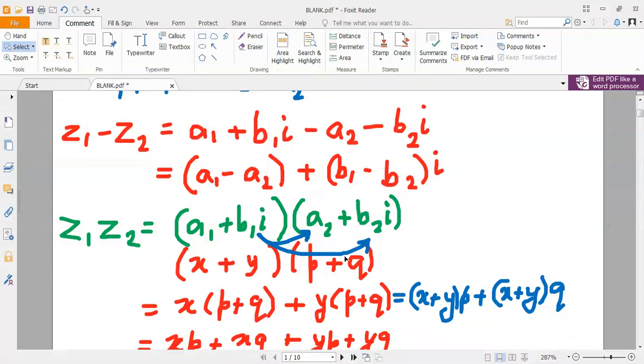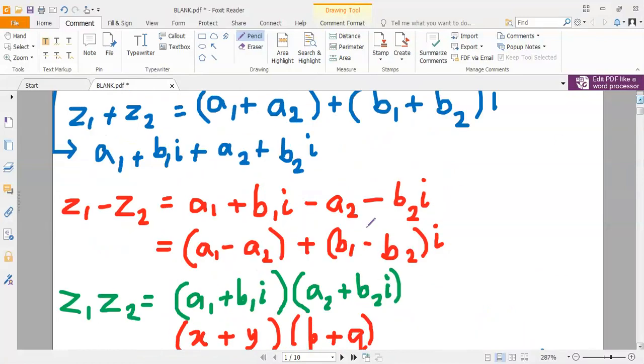Cool, let me remove these as well, to make things clearer and cleaner. So when we look at addition and subtraction, they seem pretty easy. a1 plus b1i plus a2 plus b2i. When we look at subtraction, that's a1 minus a2, plus b1 minus b2 times i. So they're pretty straightforward when you ask me.